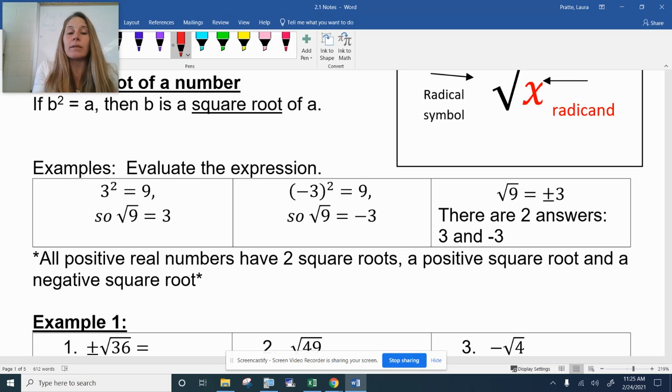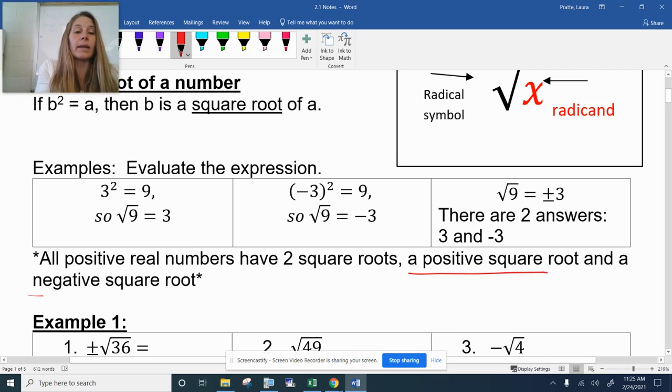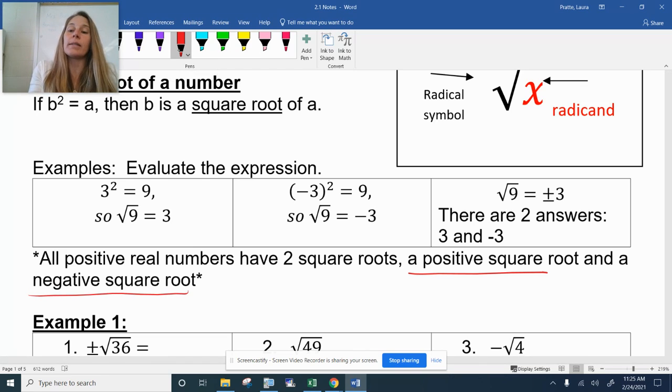Therefore, all positive real numbers have 2 square roots, a positive version and also a negative square root. So the square root of 9 essentially then equals positive or -3.